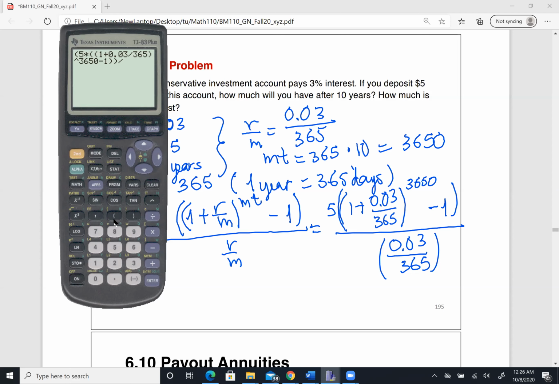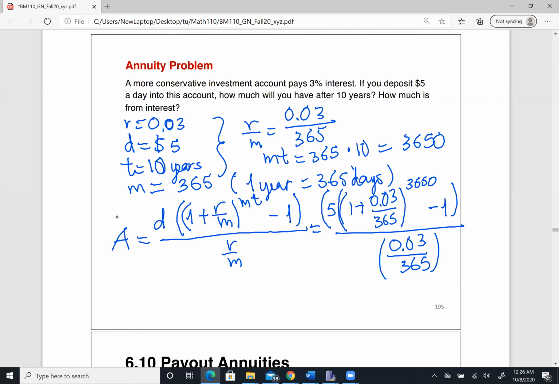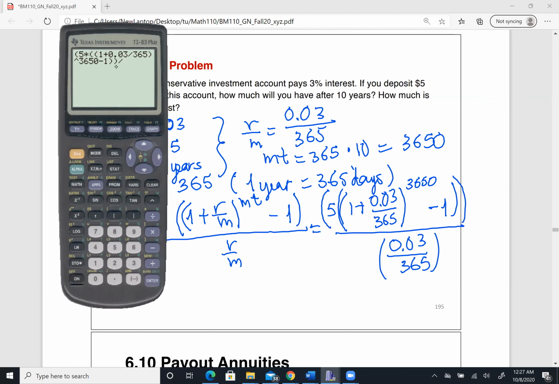Then divide by the denominator. You have to be very careful: when you use a calculator, you need another big parenthesis here so the calculator understands you want the numerator as a group. If you don't do that, it may be considered as 1 divided by the stuff down here.